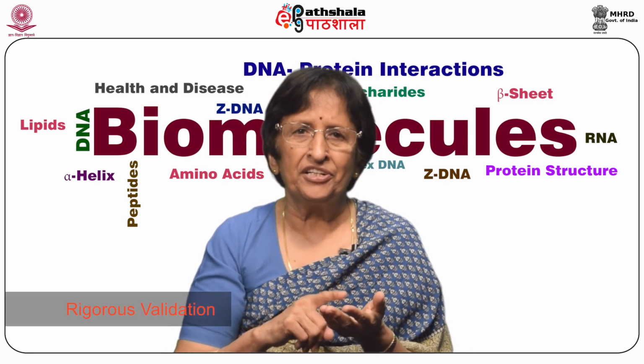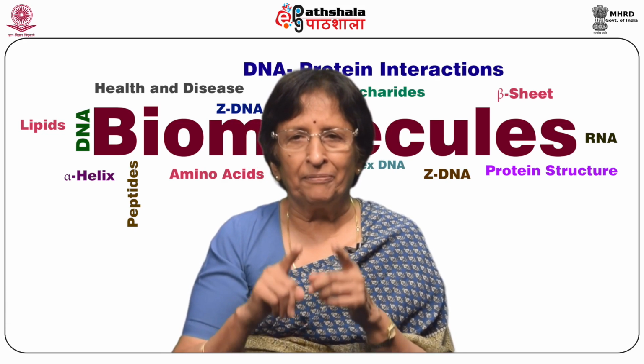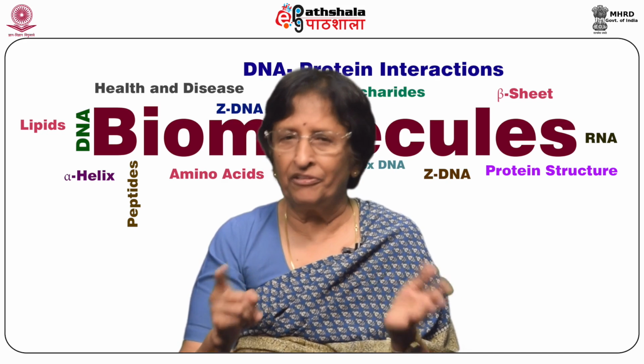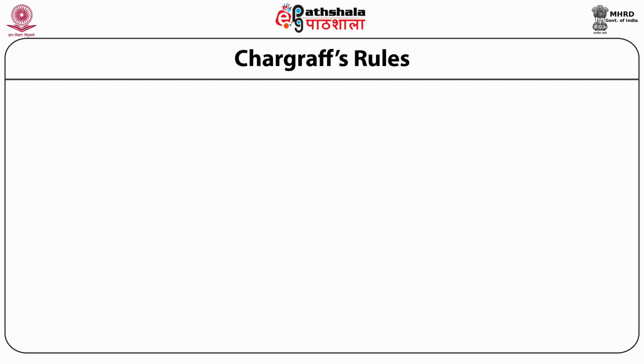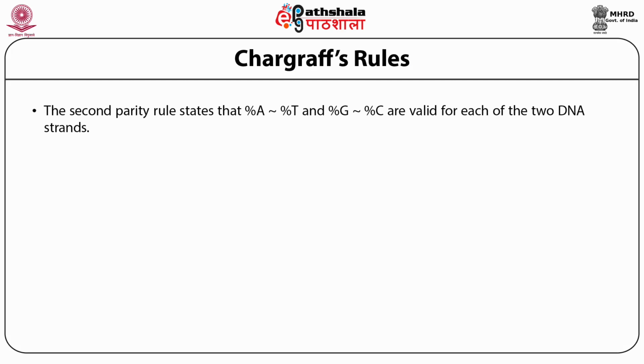The rigorous validation of the rule constitutes the basis of DNA structure given by Watson and Crick. Chargaff's second parity rule states that percentage of A is equal to percentage of T and percentage of G equal to percentage of C. These are valid for each of the two DNA strands.